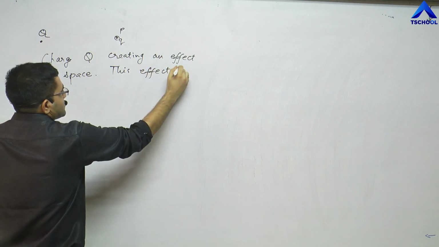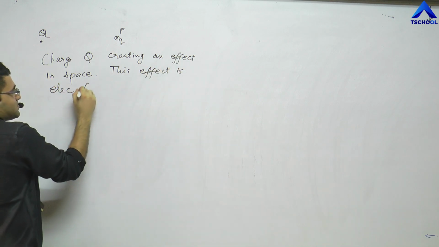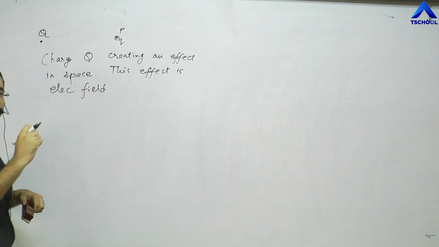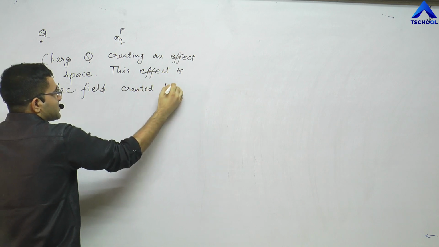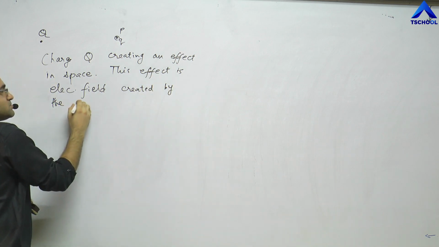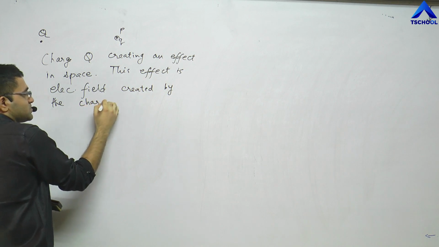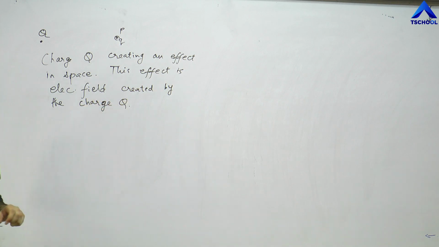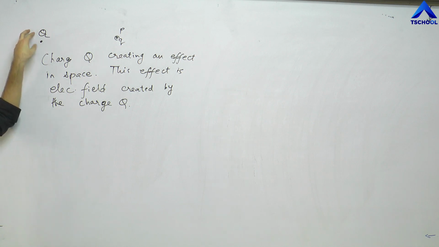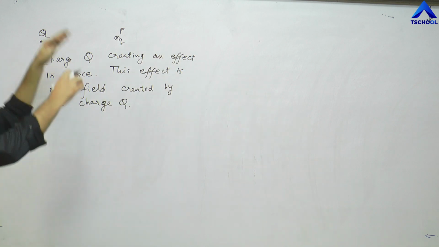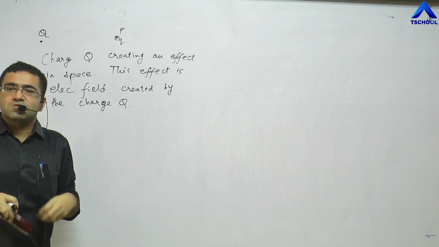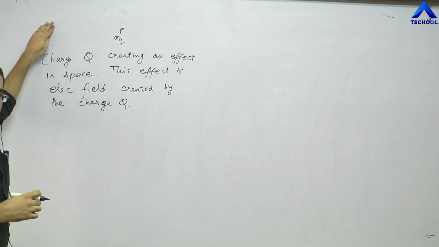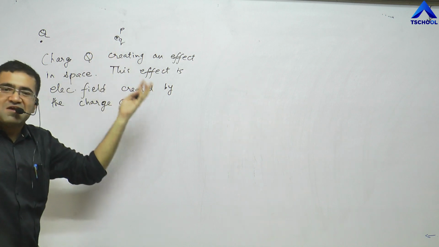This effect is the electric field created by the charge capital Q. So because of the presence of this charge Q, the properties of the points in space around it have changed. Earlier, without this charge capital Q, this point P was behaving so nicely.